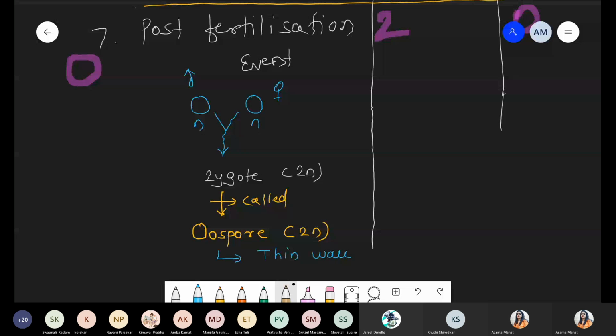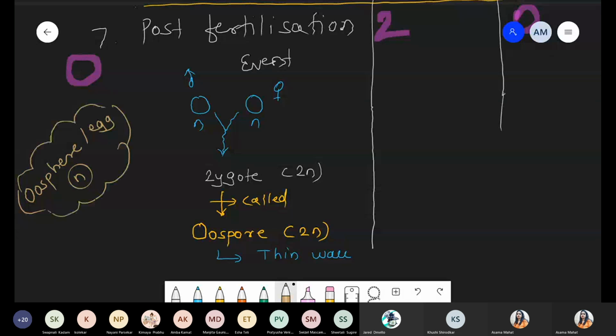Okay, oosphere. Oosphere is nothing but the egg, which is haploid in nature. These are some extra information. If you want, you can write this down on the margin. But here we are talking about the presence of the oospore.